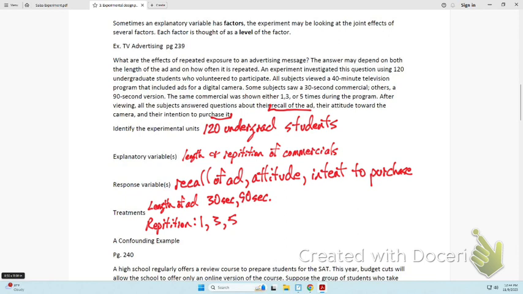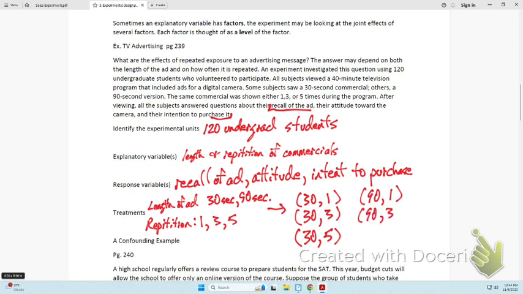So at this point, you need to write down the individual treatments. Some of these students saw the commercial for 30 seconds once, 30 seconds 3 times, or 30 seconds 5 times. Some of the students saw it 90 seconds once, or they saw it for 90 seconds 3 times, or lastly, 90 seconds 5 times.